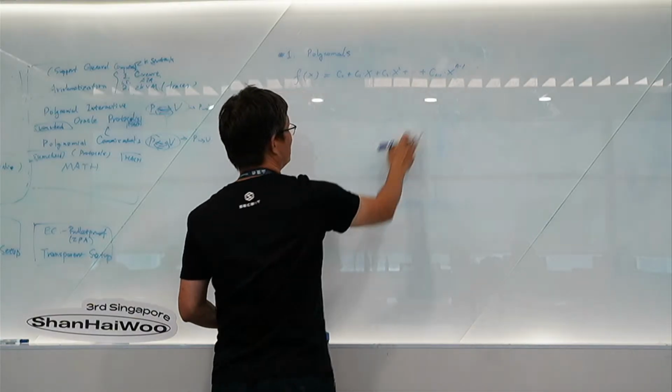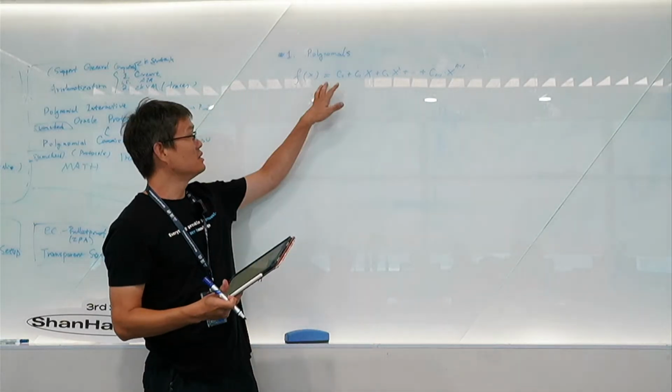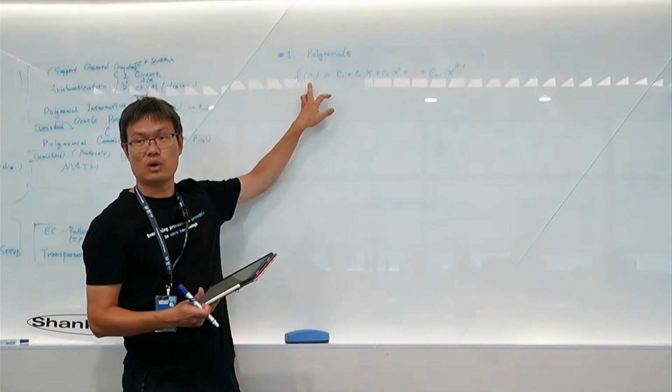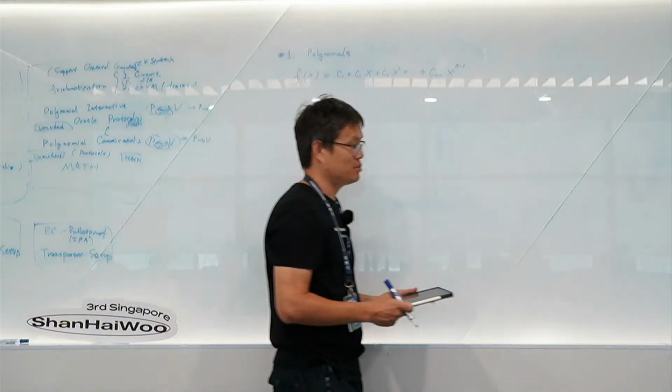So the degree of this polynomial is n minus 1, right? It's called a univariate polynomial because we have only one variable.